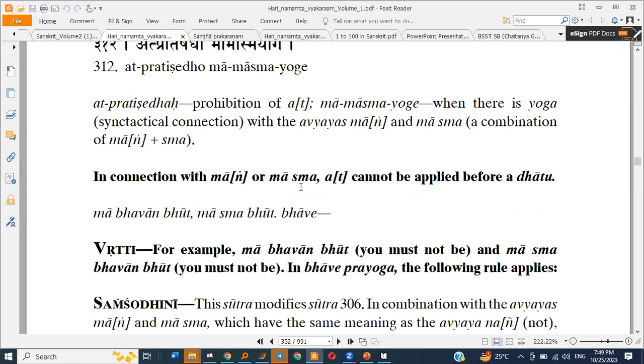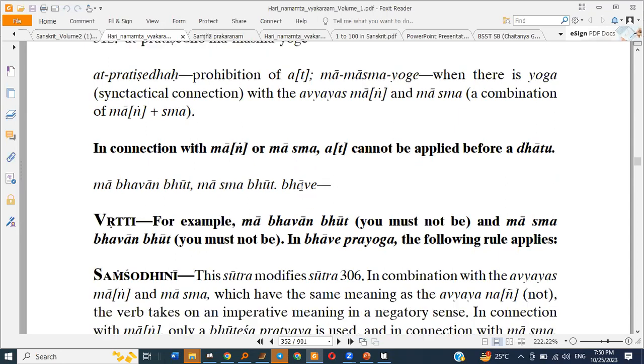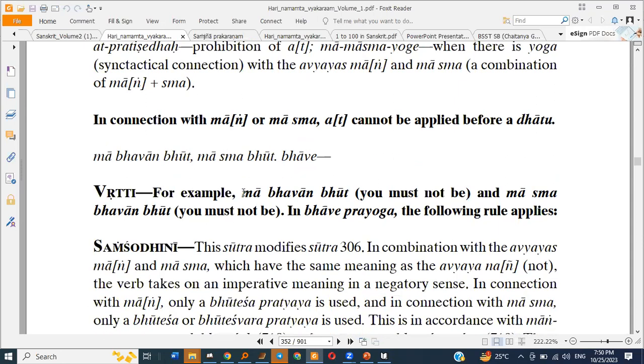And gamaha is actually agamaha, but because there is a connection with masma, the a there is deleted, not applied. So this is the rule. This is an example given here. Ma bhavan bhoot. This is bhutesha first person parapada, which is actually a bhoot, which we just made. But because it is in connection with ma, the verb, that's why the a is not inserted. It's not applied. Same here, masma bhavan bhoot.